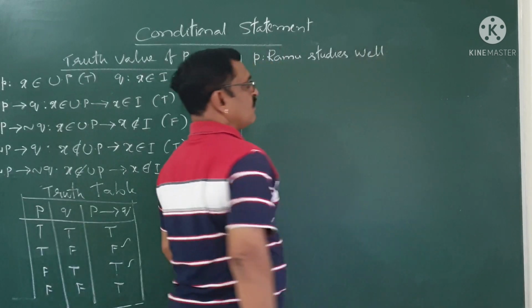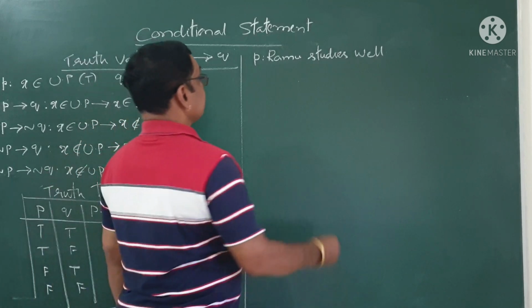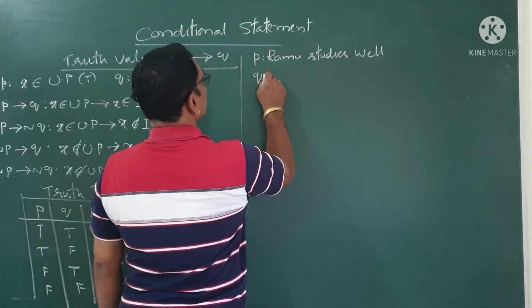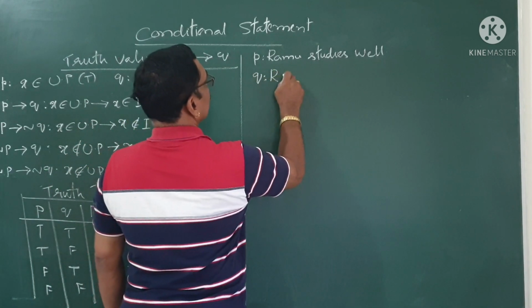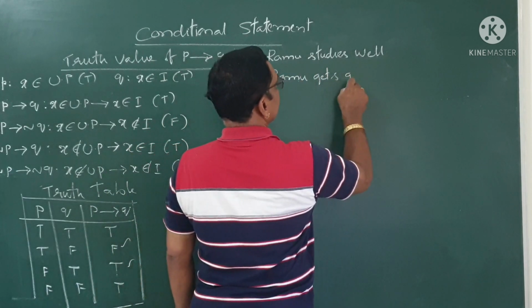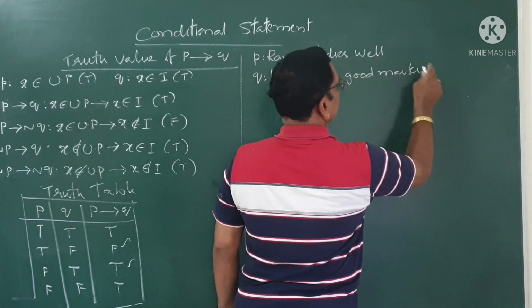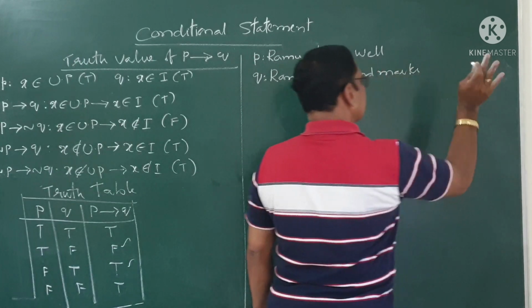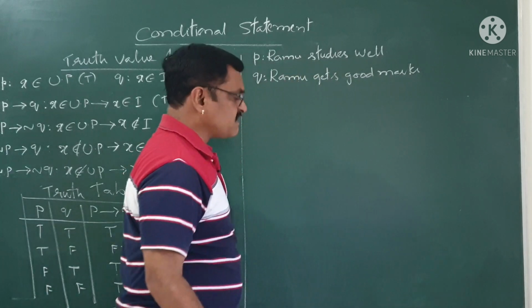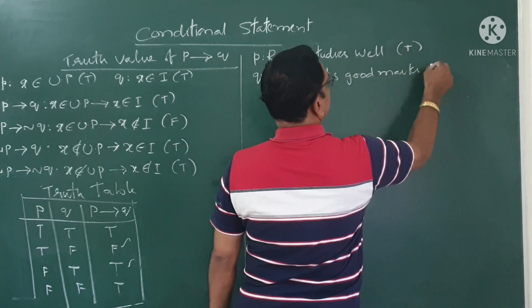Very good, because Rama is always a good boy, so he studies well. And Q: Rama gets good marks in the test. Let us assume that this is true. It is also true.